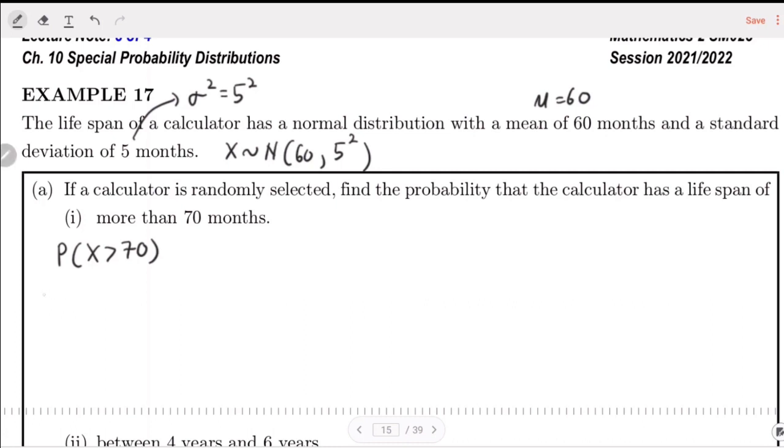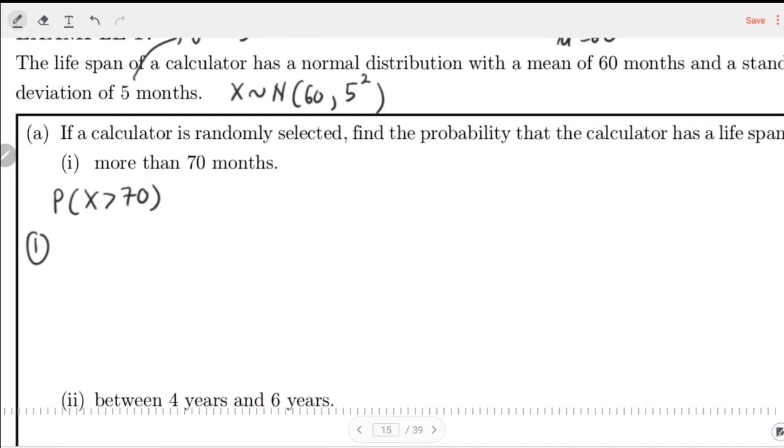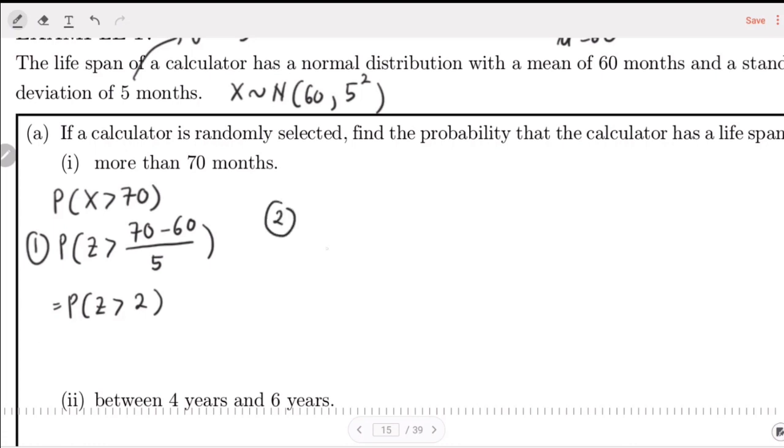The first step is to standardize, change from X to Z. 70 minus our mu and divide by our sigma, standard deviation. Calculate. This equals 2. The second step is to sketch the bell shape.